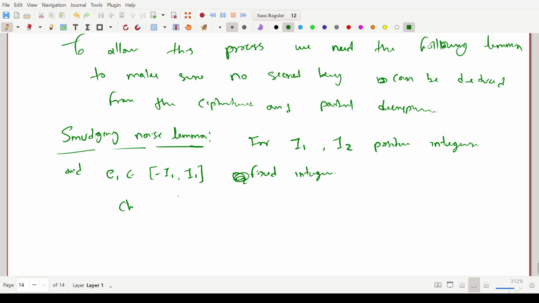Choose E2 belonging to minus I2 to I2 uniformly at random.